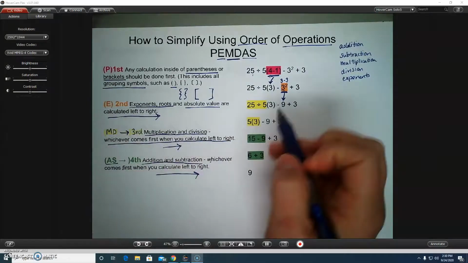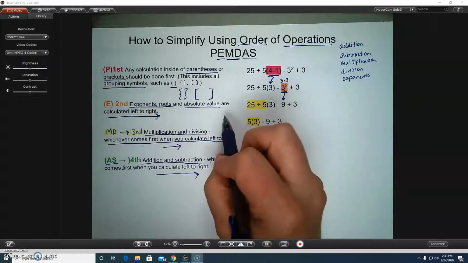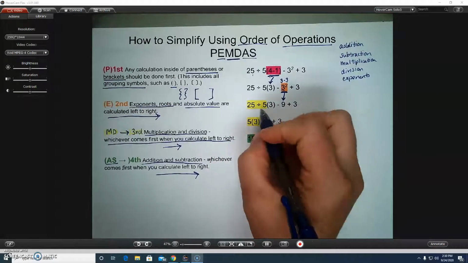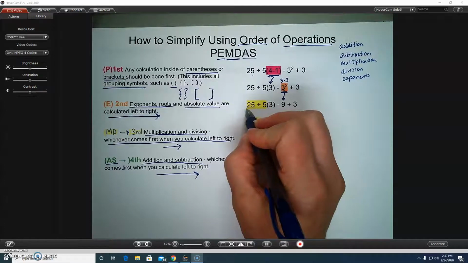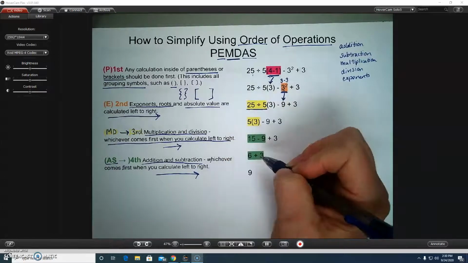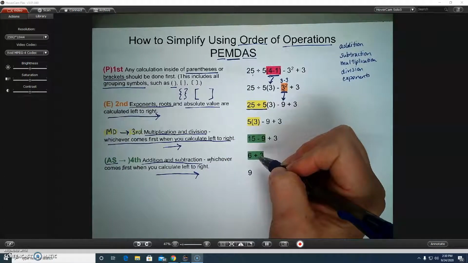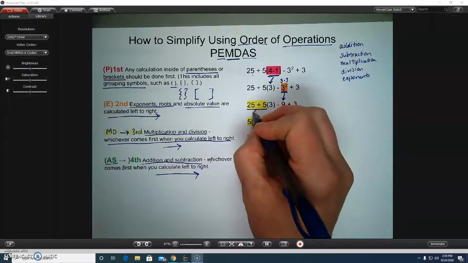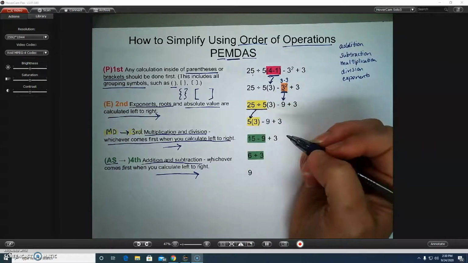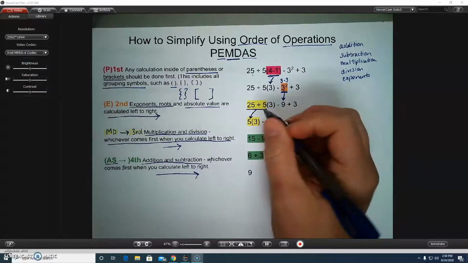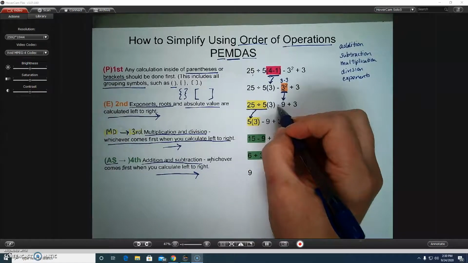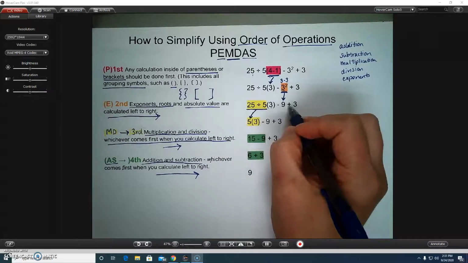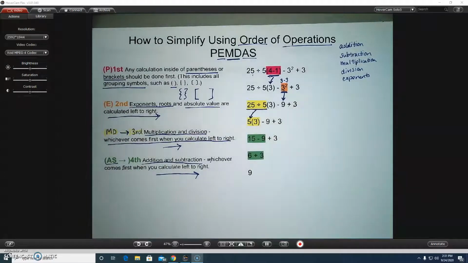The third step here is multiplication and division, and we're going to take it from the left to the right. So on the left side of my problem here, the first thing I run into that's multiplication or division is this division problem. 25 divided by 5 gives me 5 as an answer. Now I still have this 3 that was right there, and it comes down, my subtraction sign, my 9, my addition sign, and the 3.